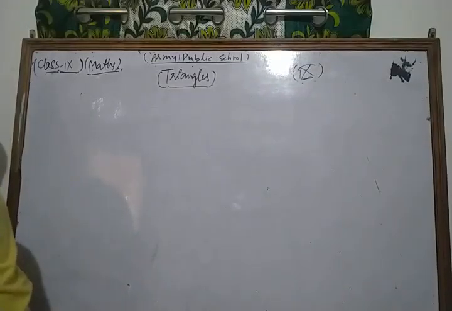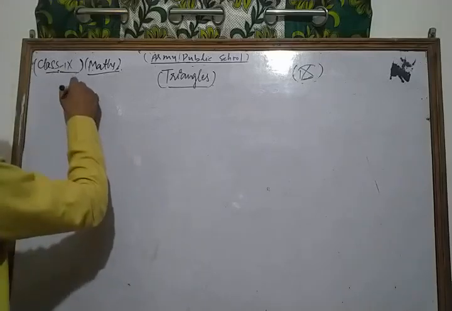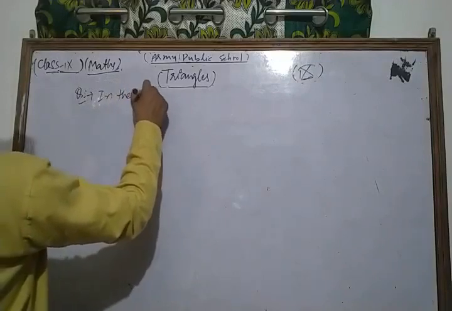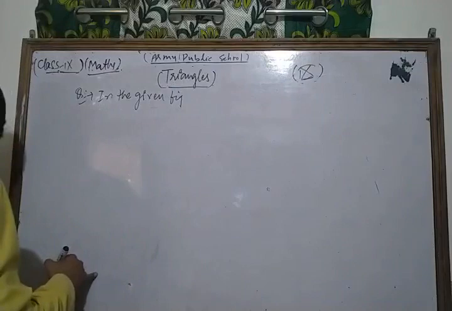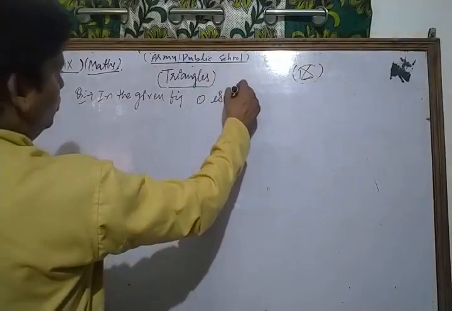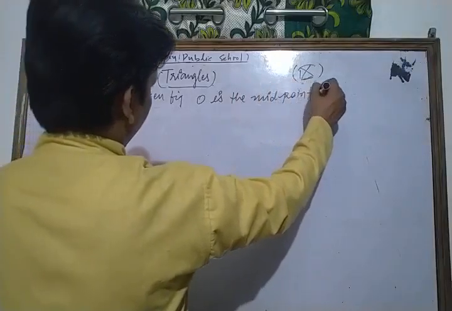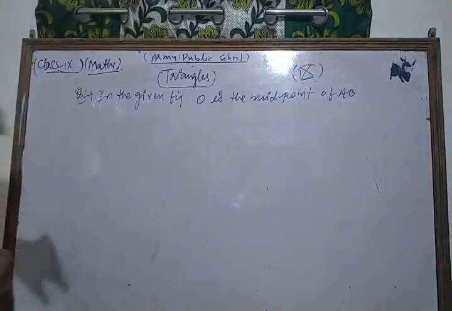Now the question is, we take an NCERT question. In the given figure, O is the midpoint of AB, and CD.